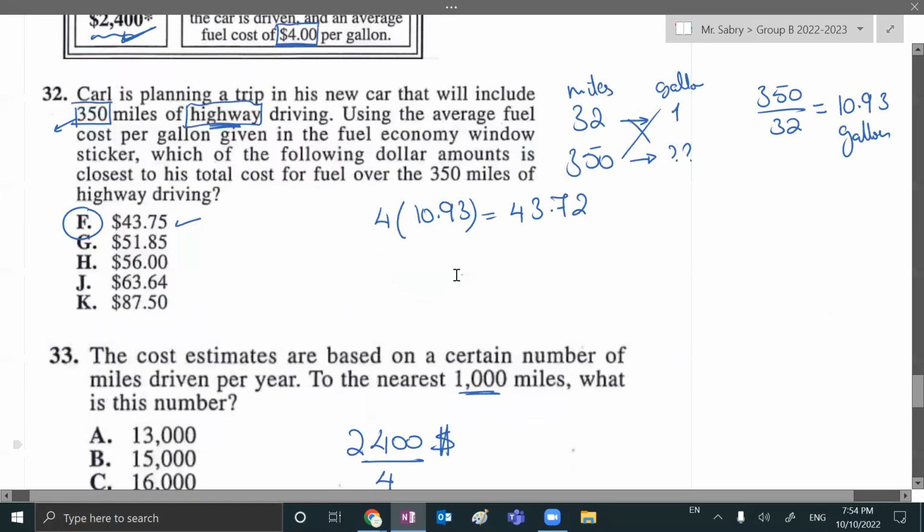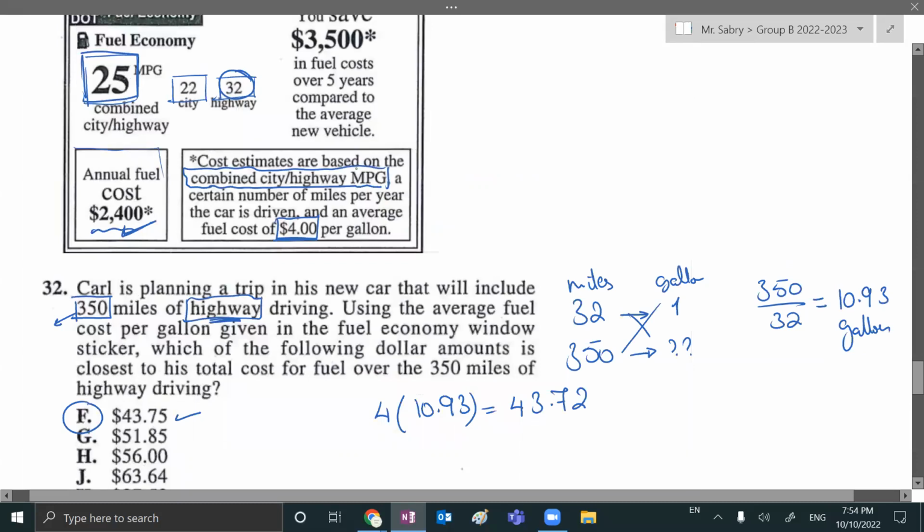And they said here that the cost estimates are based on the combined city/highway miles per gallon. So when I look at the rates that are given here, this is the one that works for the combined city and highway.